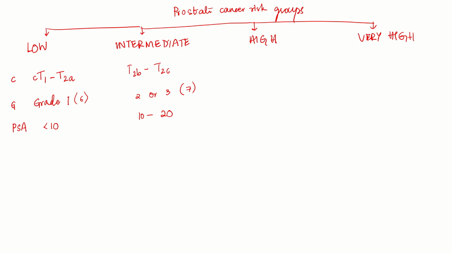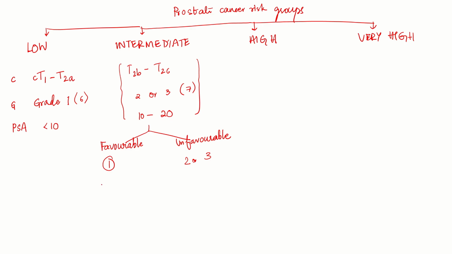This intermediate group is further divided into intermediate favorable and unfavorable. Intermediate favorable is intermediate risk factors, that is, any of these three, any one of them is present, but in unfavorable group, two or three are present.